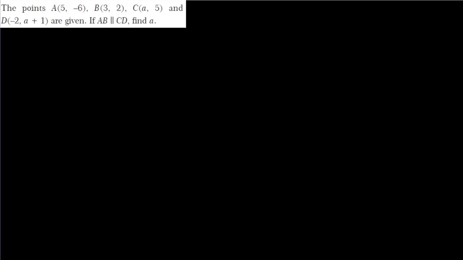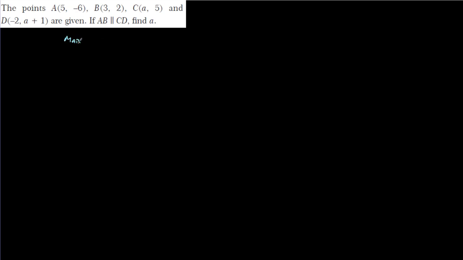If we continue with the next question, the points A is 5, minus 6, B is 3, 2, and C is a, 5, and D is minus 2, a plus 2 are given. AB is parallel to CD, which means that again I'm going to apply the same rule.